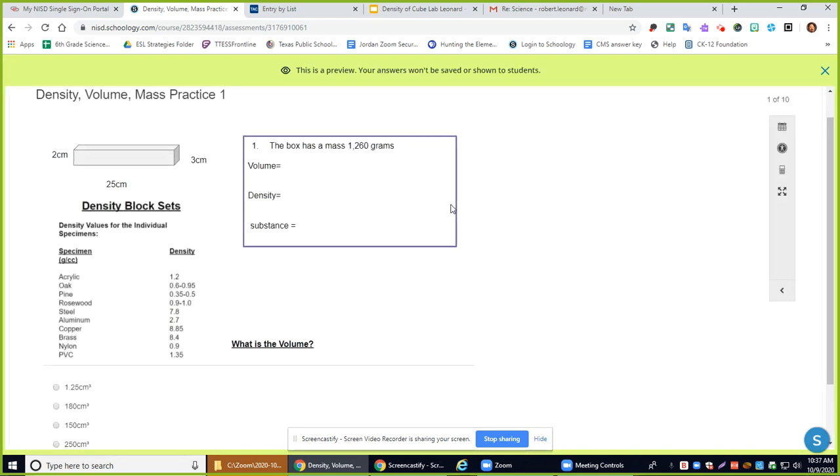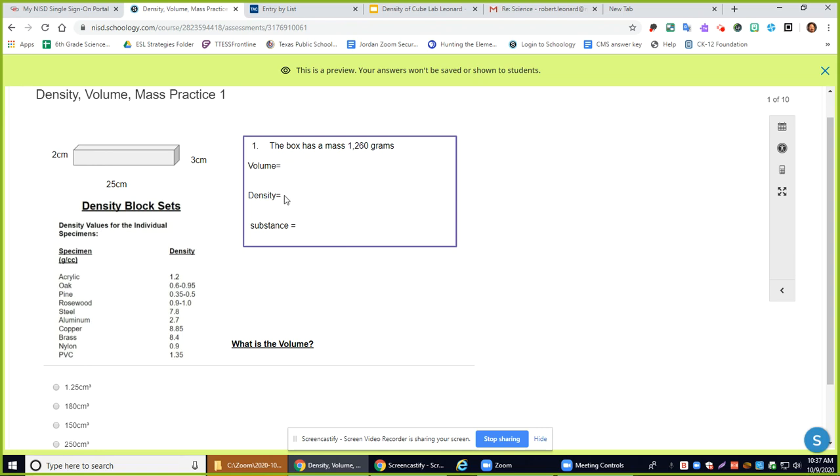Preview, there it is. Okay, so here's the box. Here's the density. The density is right there. Okay. So first thing is solve for volume. Look at your notes that you just took. Volume is equal to length times width times height. So 2 times 25 times 3, you would write that all down here, solve for volume.